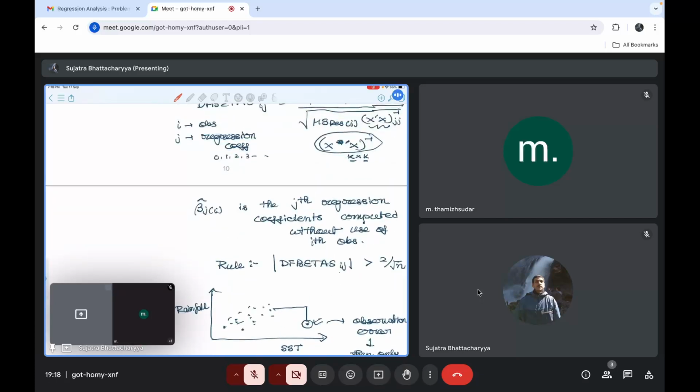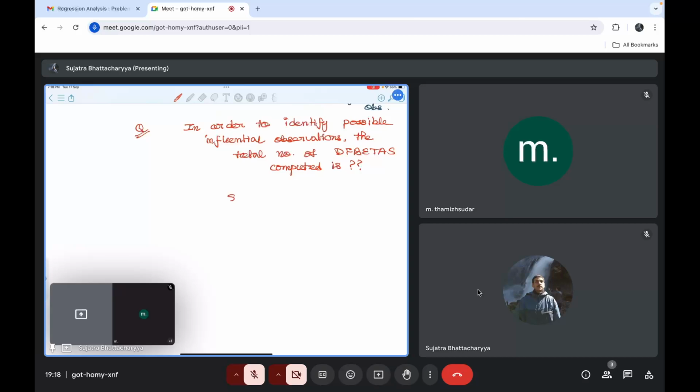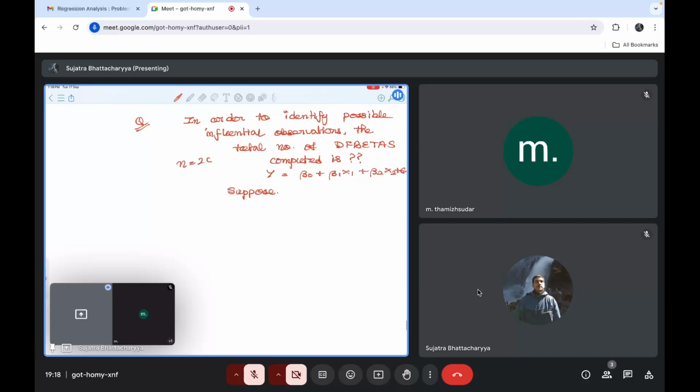DFBETAS is in i and j. So suppose, let me write here, it is given in the question that y follows beta naught plus beta 1 x1 plus beta 2 x2, etc. This is your y, and suppose n is equal to 20. Then how many?